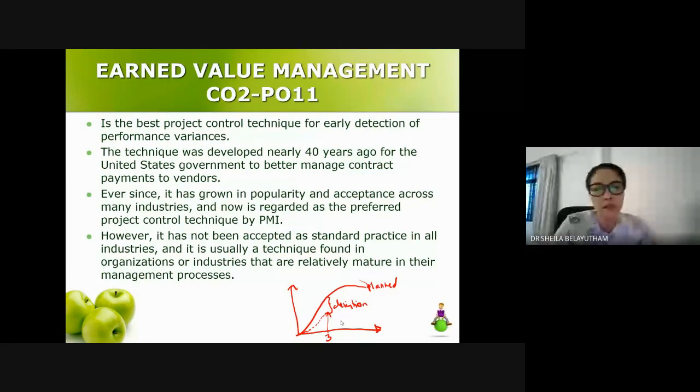If I spend 20,000, does it show my progress the same? That's why sometimes when you have only one graph, does that graph show the cost expenditure or does it show the progress?